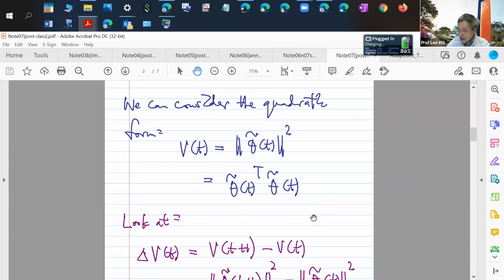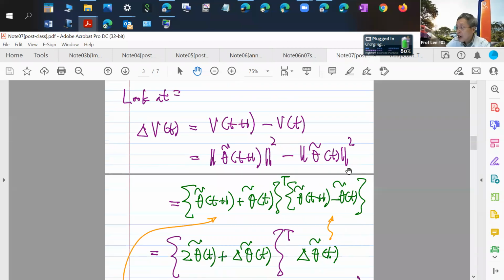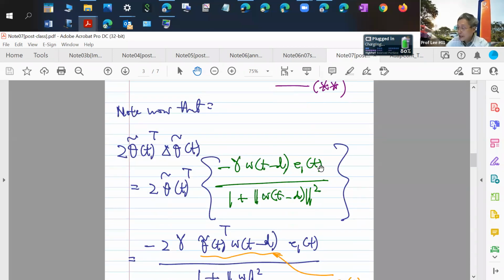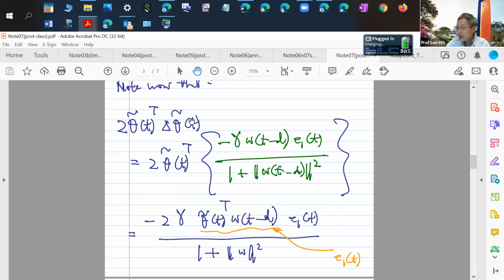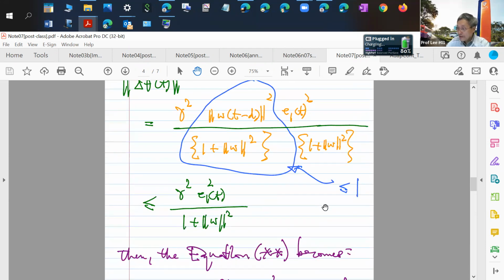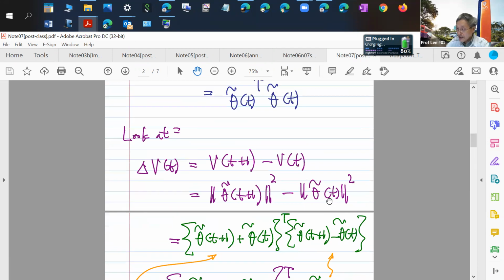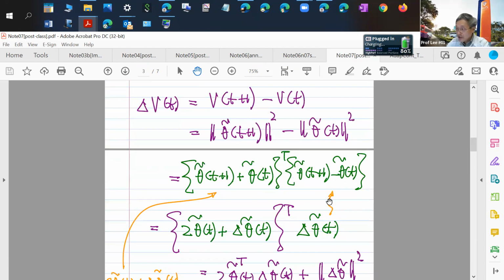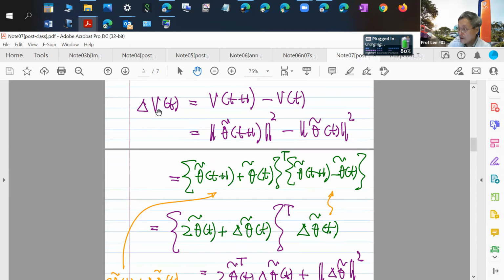Now you're working step by step. Instead of looking at V dot, you're looking at how V increments with time. You work on all these things, and then rearrange. There's a difference in discrete time evolution.